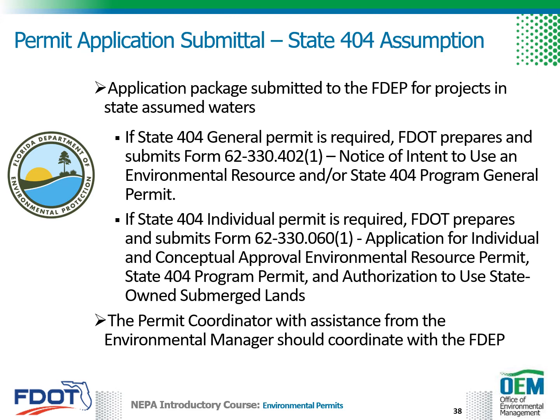For projects requiring a State 404 individual permit, FDOT prepares and submits Form 62-330.0601, Application for Individual and Conceptual Approval Environmental Resource Permit, State 404 Program Permit, and Authorization to Use State-Owned Submerged Lands. The permit coordinator, with assistance from the environmental manager, should coordinate with the DEP.